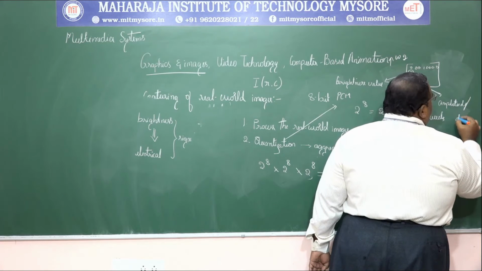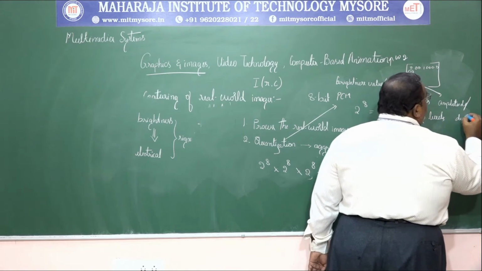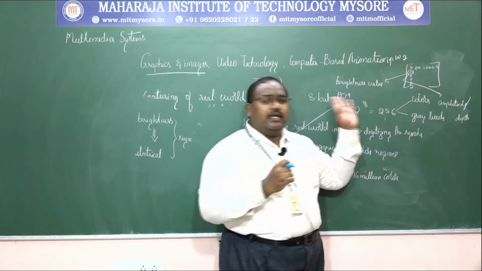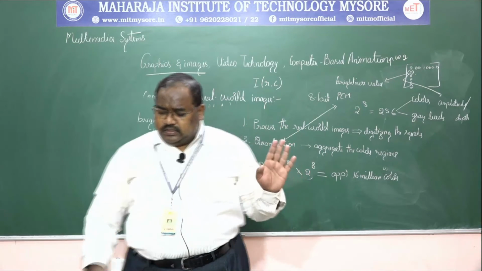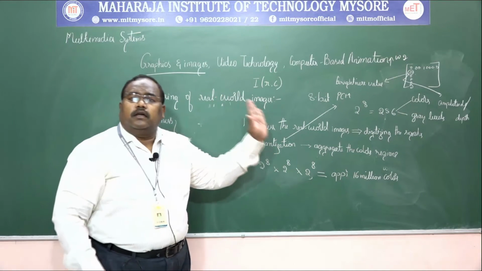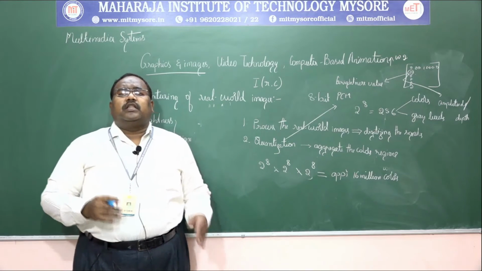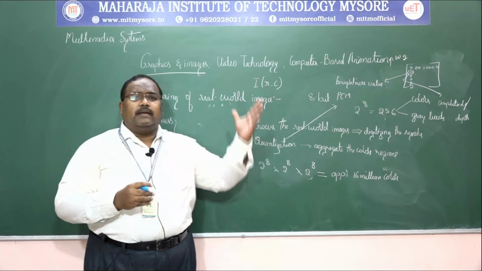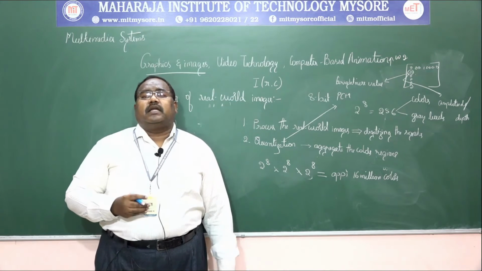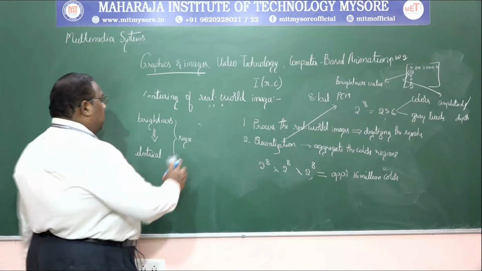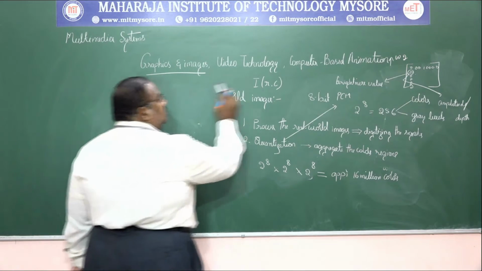So amplitude or depth is referred to as the brightness value. This is about the capturing of real world images. When we talk about this, the numerical value that we use in the matrix may represent either a black or a white color. So I'll wrap this and continue our discussion.